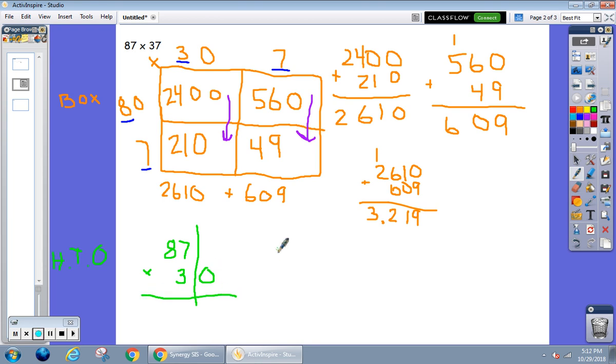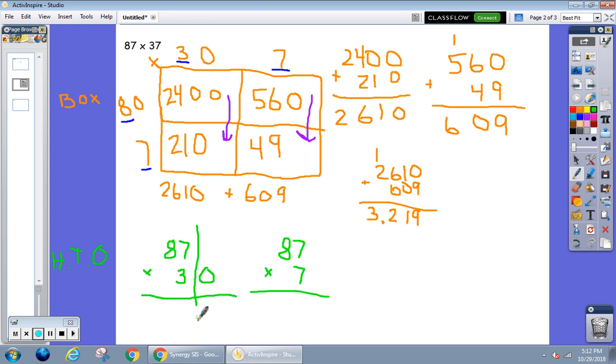And then I'm going to set up a separate problem to do 87 times 7. So essentially I'm doing the same thing as the box method, it's just looking at it a different way. So I still have 87 times 30 and 87 times 7.